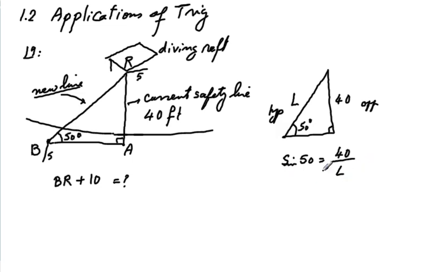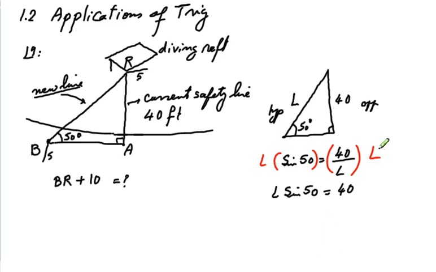We can multiply both sides by L, so it becomes L times sine of 50 is equal to 40 feet. Both sides are multiplied by L, and this L and this L cancel each other out.